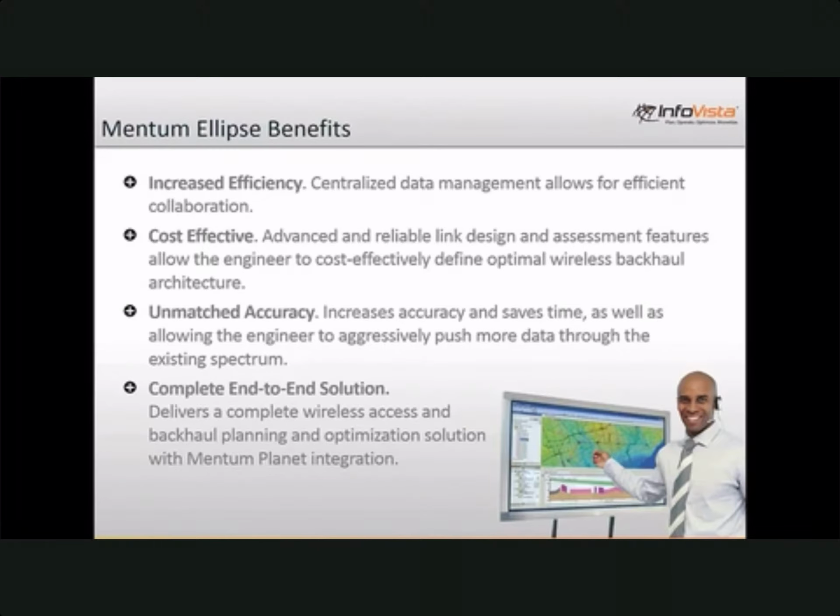It has an unmatched accuracy that will save time, as well as allowing the engineer to aggressively push more data through the existing spectrum. You have the complete end-to-end solution for wireless access and backhaul planning, and also with Planet integration, the cell planning tool, so you get everything under the same roof, so to say.